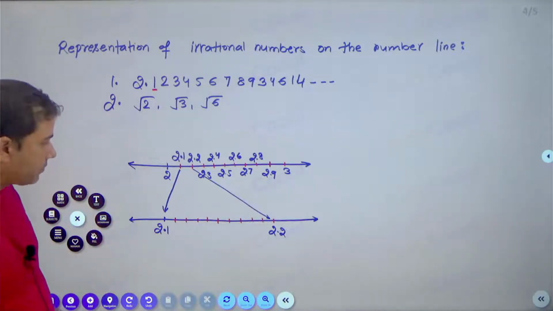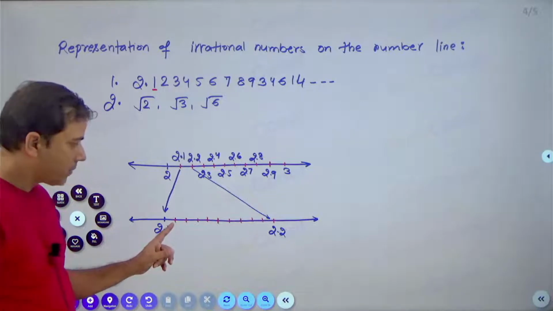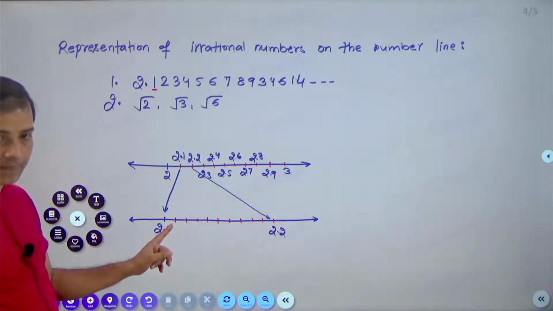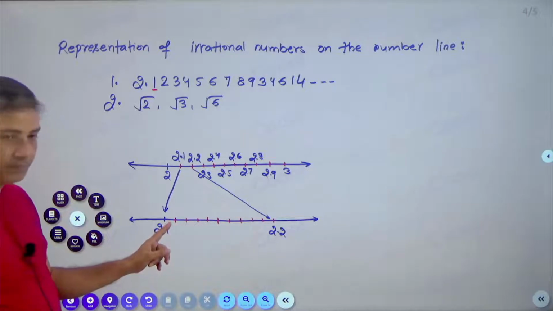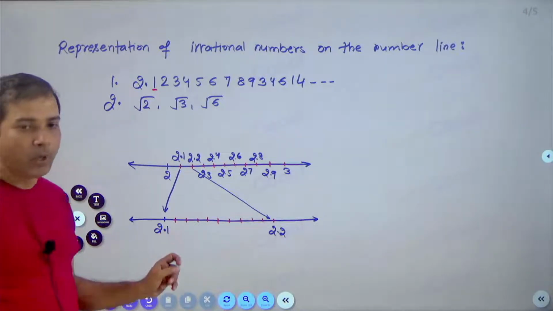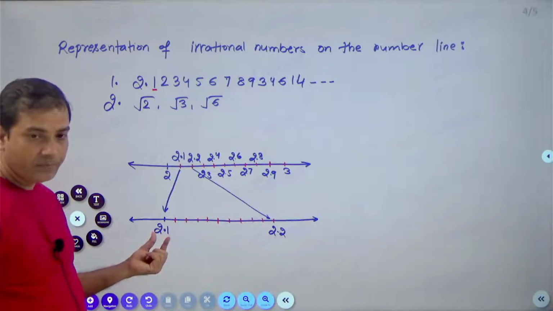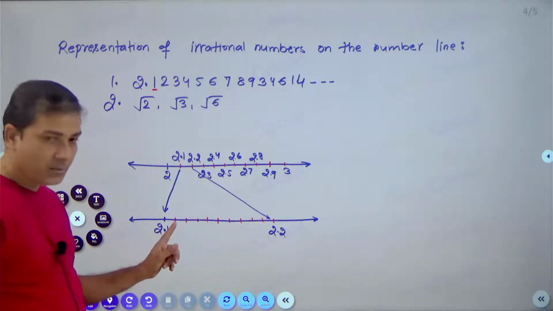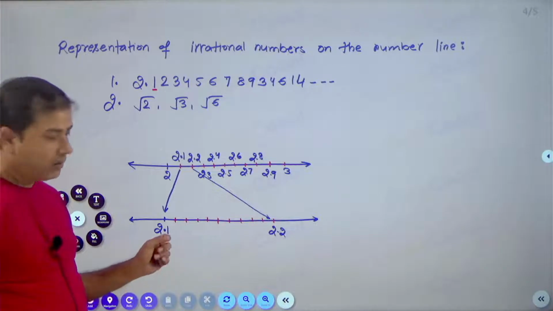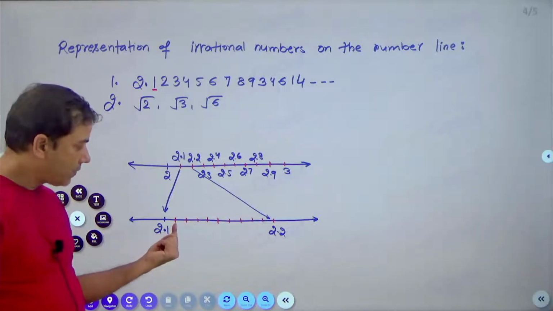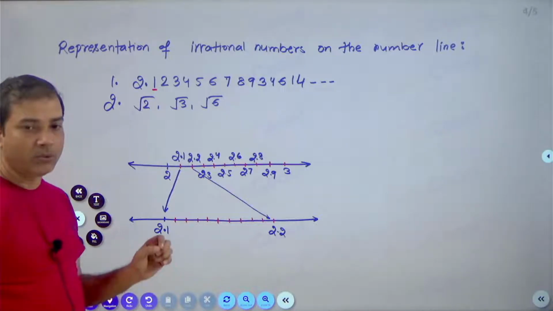Now, what is the first point representing here after 2.1? It's already 2.1, and since it is the first point, it will be 2.11.